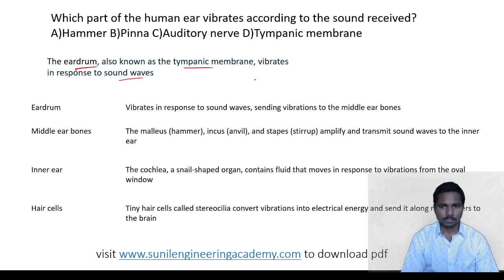And the middle ear bones amplify and transmit the sound waves to the inner ear. And the inner ear responds to vibration from the oval window. Hair cells convert vibrations into electrical energy and send it along nerve fibers to the brain.